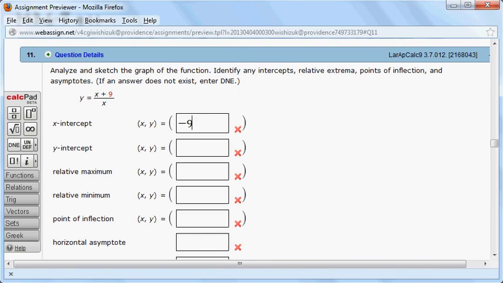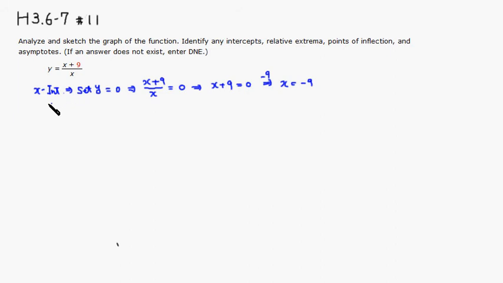Alright, y-intercept. Let's find that. If you want the y-intercept, all you have to do is set x equals 0.